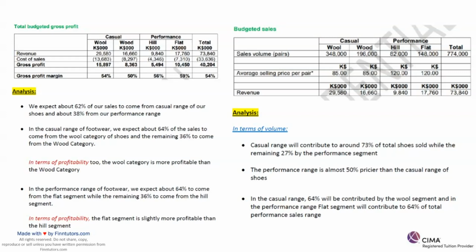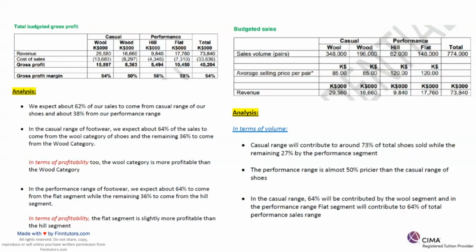So casual range will contribute to around 73% of total shoes that are sold, while 27% is expected to come from performance range. So again, casual range is going to dominate in this year. The performance range is almost 50% pricier. It's more expensive than the casual range. Maybe that's why the revenues are low right now.